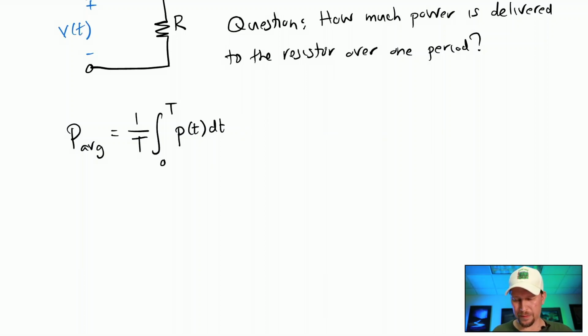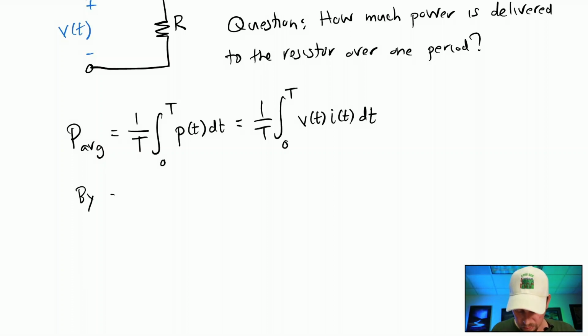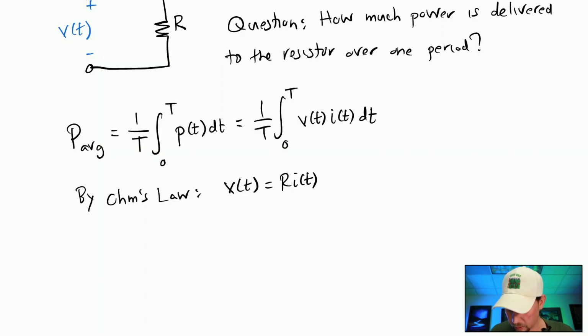Now, we know that for this resistor as well as all other ideal basic circuit elements, the power itself can be calculated as the voltage times the current, right here. And we know by Ohm's law for the resistor that the voltage is equal to the resistance times the current, or the current is equal to the voltage divided by the resistance.